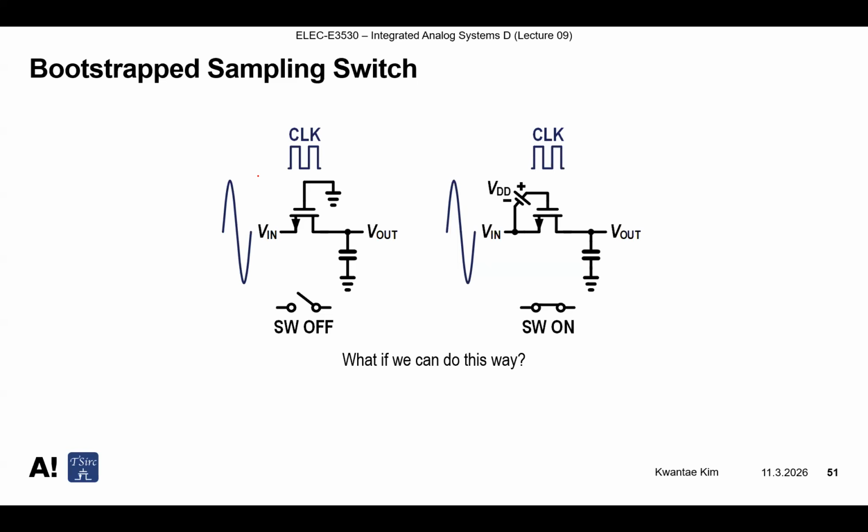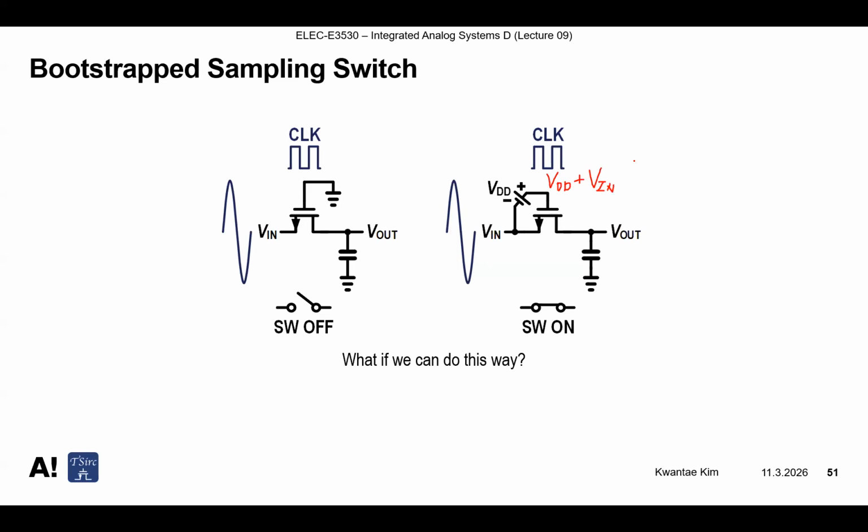And when we drive the clock signal high to turn this switch on, then we want to put some sort of VDC, a DC voltage shifted from V in, so that the gate voltage here is VDD plus V in.